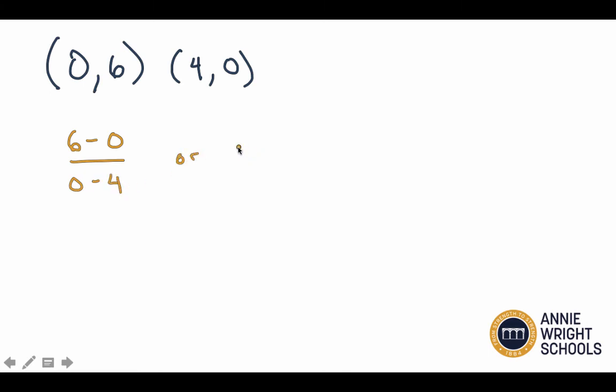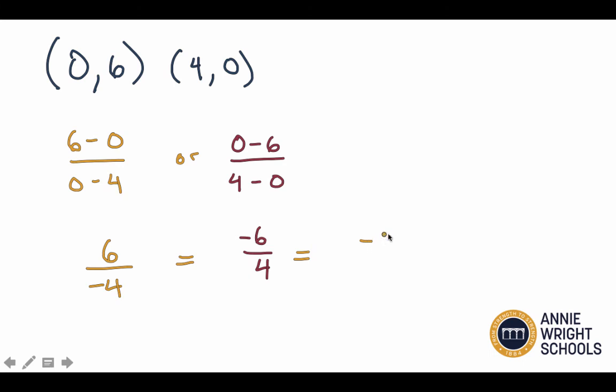Or you could have done 0 minus 6 over 4 minus 0. Down here you get negative 6 over positive 4. On the left here you get positive 6 over negative 4. Both of those are equal to negative 3 over 2, or negative 3 halves.